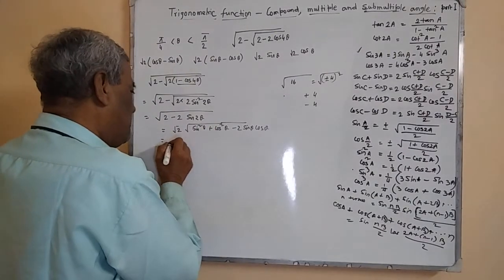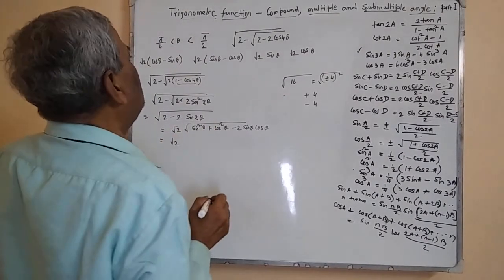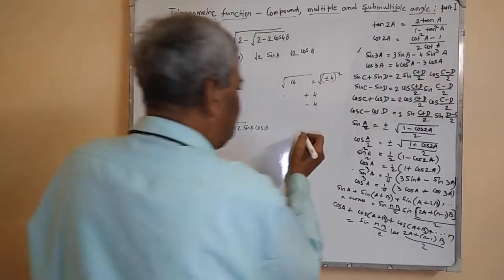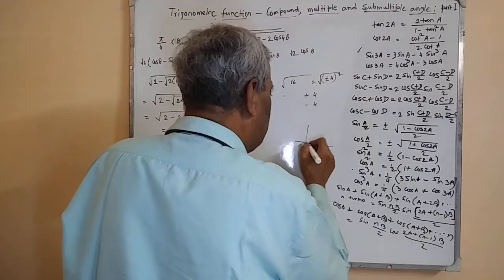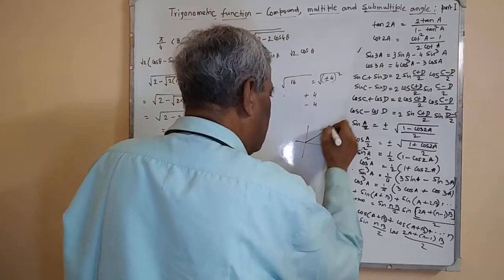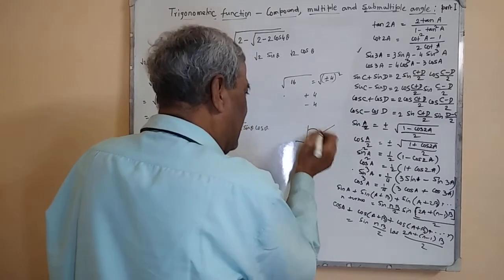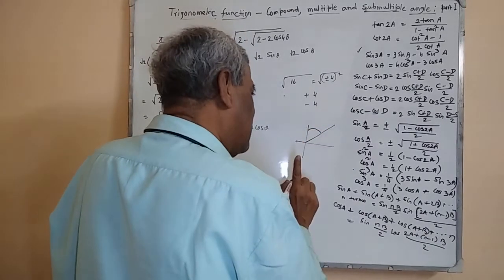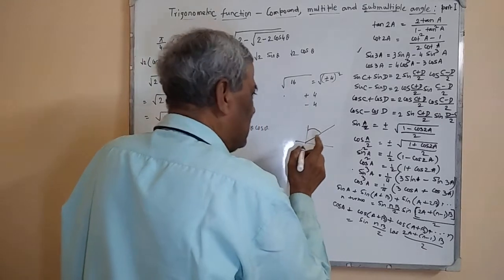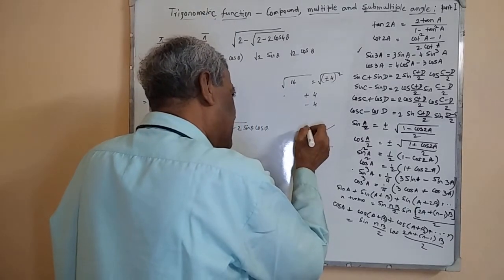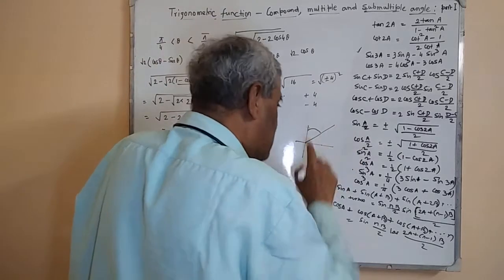So here the range is given. The range is pi by 4 to pi by 2. In that range, sine theta is an increasing function. Sine theta is 0 here and 1 there, so it increases.